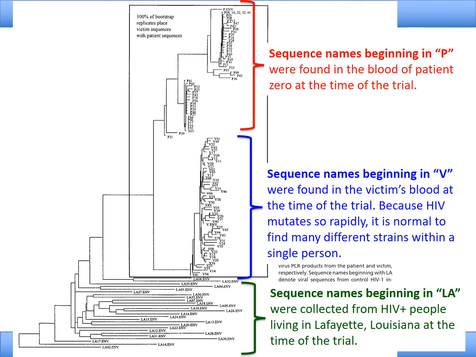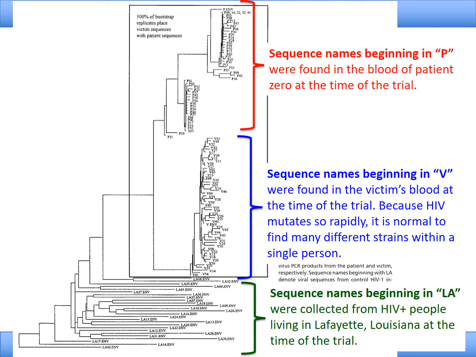If you trace the P branches backwards, to the left, and then you do the same with the V branches, you can see where their node intersects. And that would be the moment of infection. So if we continue that logic, we could see who patient 0 was infected from, and actually it looks like it must have been either LA08 or LA32.